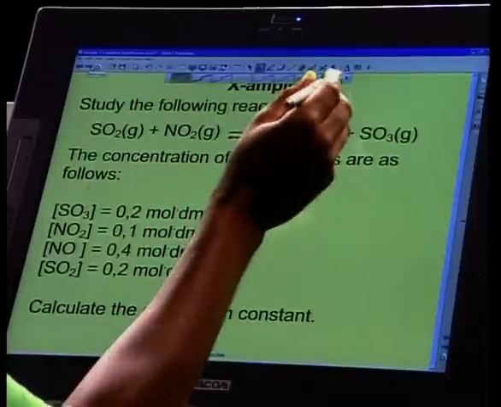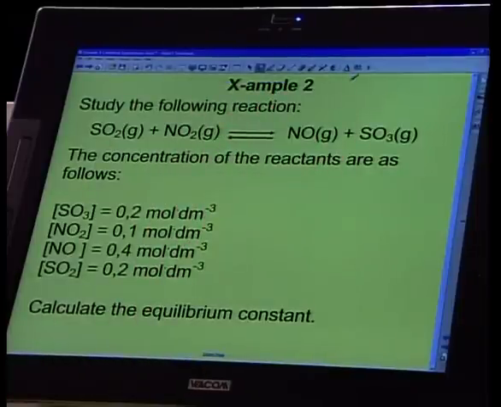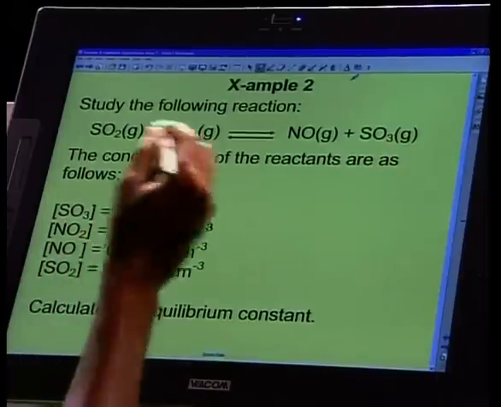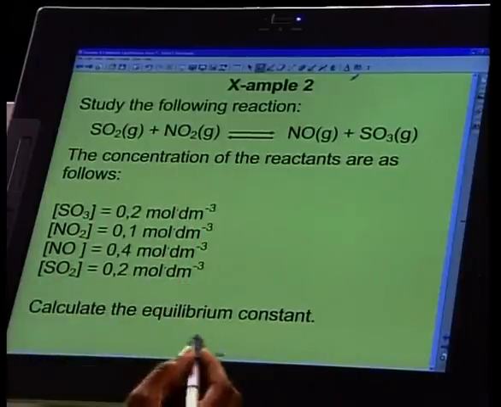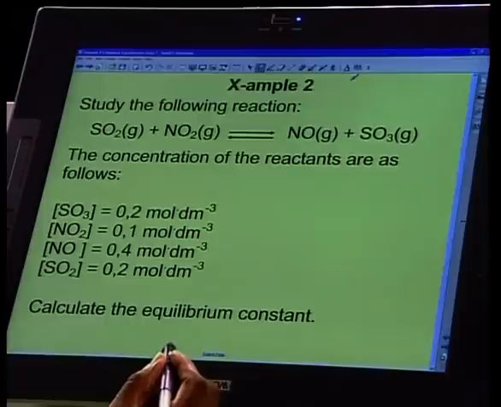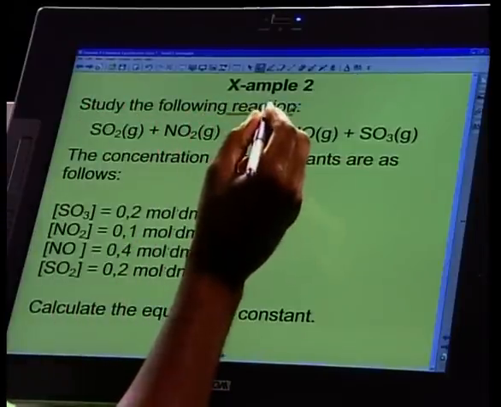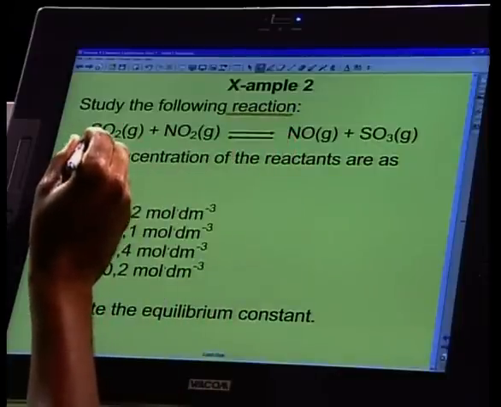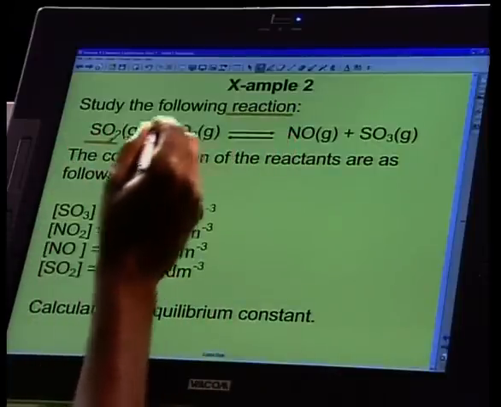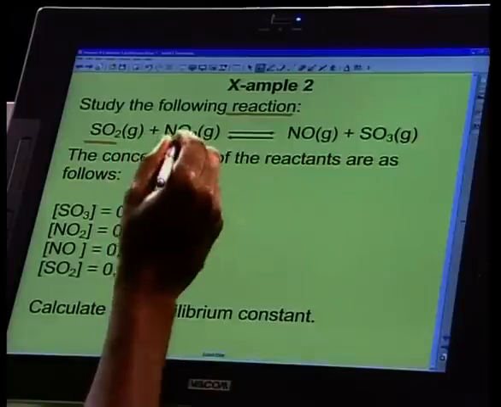Right. So let's look at this example here. We want to write down or calculate the equilibrium constant. Study the following reaction. We have sulfur dioxide reacting with nitrogen dioxide.